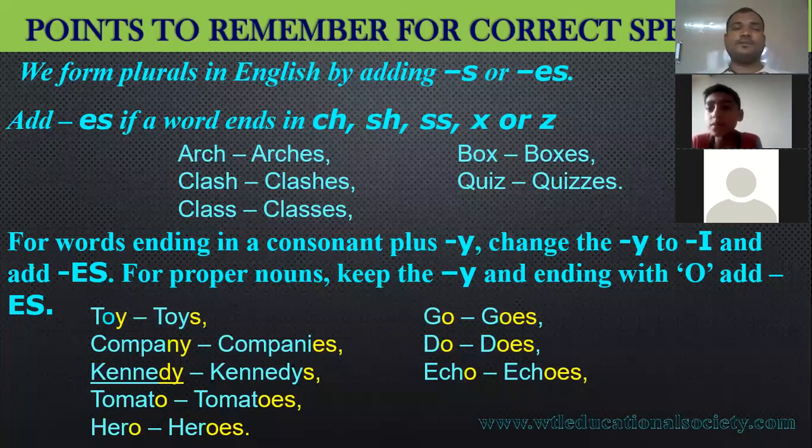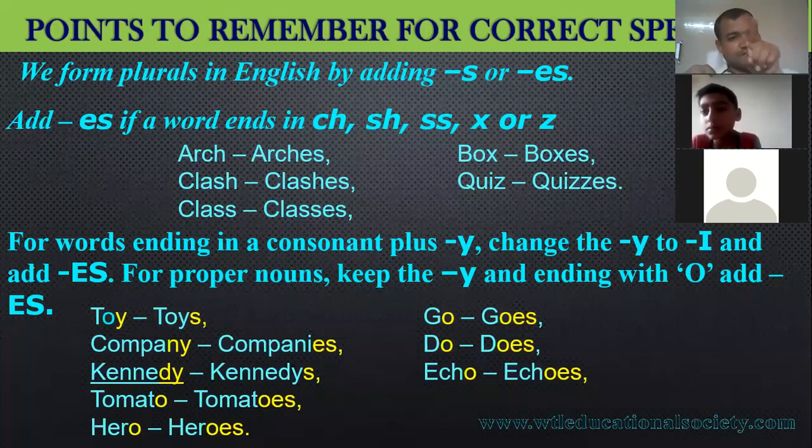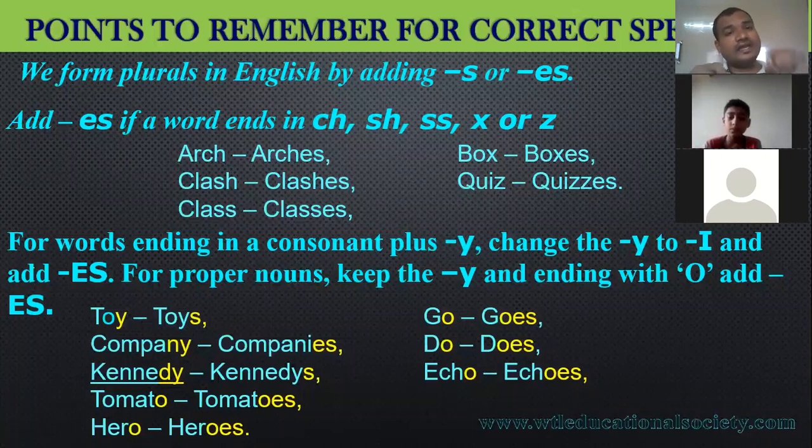Then come to the second point. For word endings in a consonant plus Y, if the word ending is Y preceded by a consonant, then the Y has to be changed to I, and then you have to add ES to make the plural. That is the first part. The second part: for proper nouns, keep the Y the same.